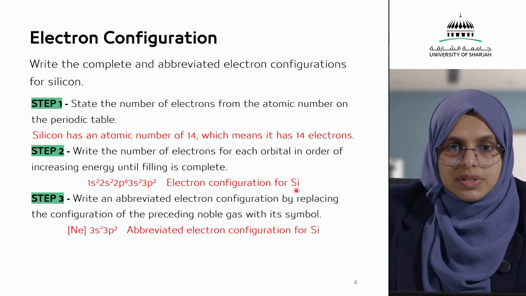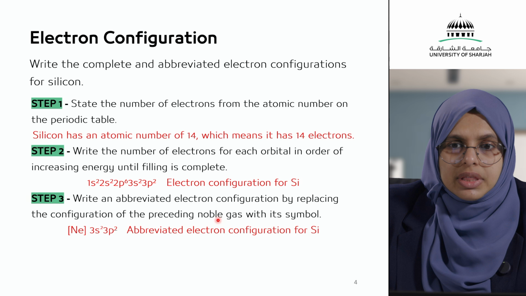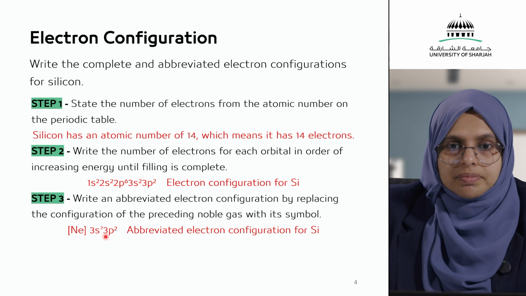The electronic configuration for silicon is 1s2, 2s2, 2p6, 3s2, 3p2. Step 3, write an abbreviated electronic configuration by replacing the configuration of the preceding noble gas with its symbol. The abbreviated electronic configuration for silicon is neon 3s2, 3p2.